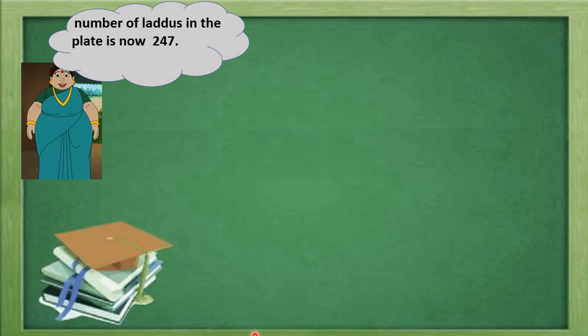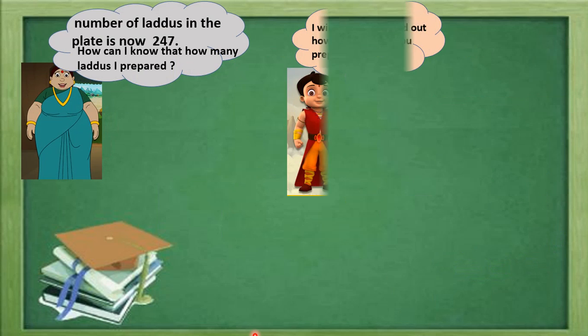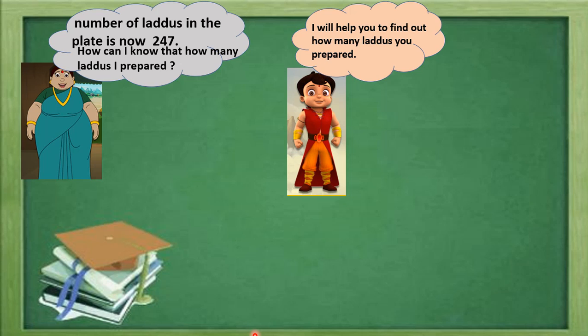That means the plate was full of laddus, but now some laddus are missing. So, how can I find how many laddus I prepared? So, for the solution of this problem, Bhim says, I will help you to find out how many laddus you prepared, auntie.